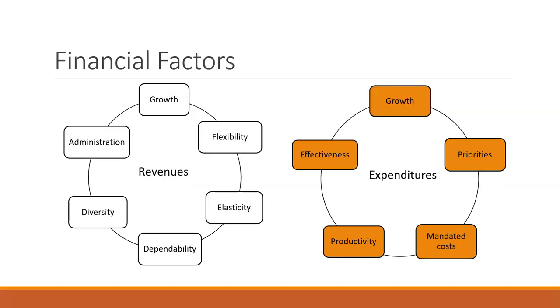Then we have financial factors. So both in our revenues and our expenditures. Are we growing as a city? We build more houses and our tax revenues go up. Okay, and so how are we maintaining growth? How do we run our city? How much do we depend on those revenues?